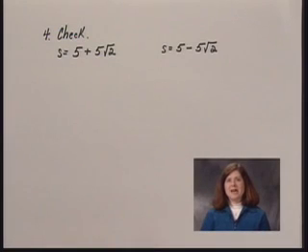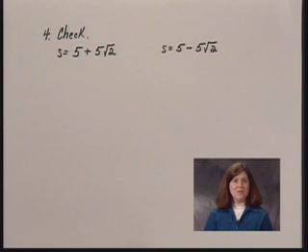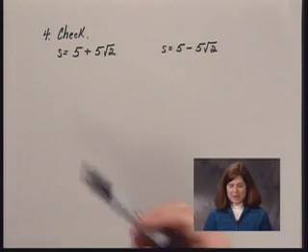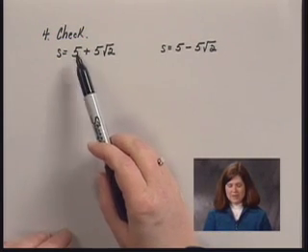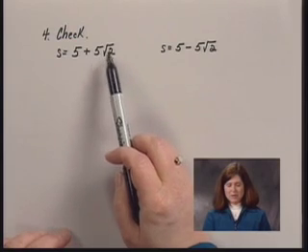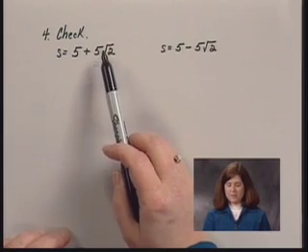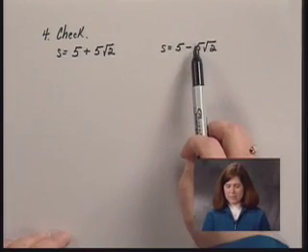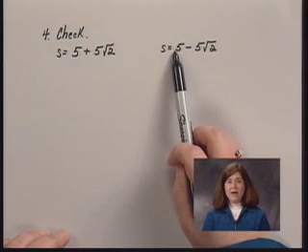So we actually have two answers to check, 5 plus 5 times the square root of 2 and 5 minus 5 times the square root of 2. When we check those answers, since we're dealing with sides of a square, let's first see if either of them is negative, because if it's negative, we know that it can't be a possible answer. 5 is positive, 5 times the square root of 2 is positive, so their sum will be positive. What about a subtraction? Well, I subtract something from 5.